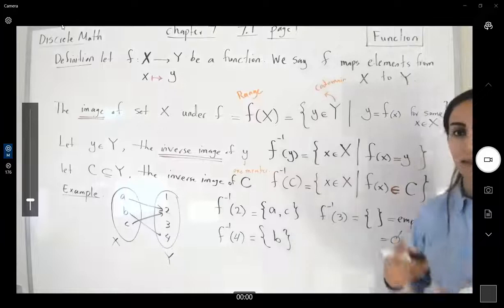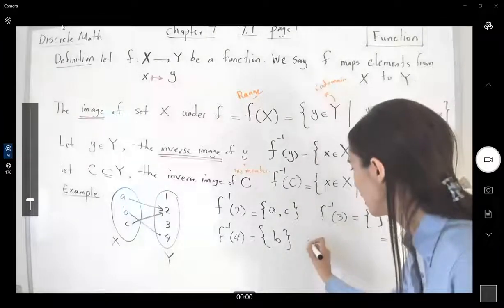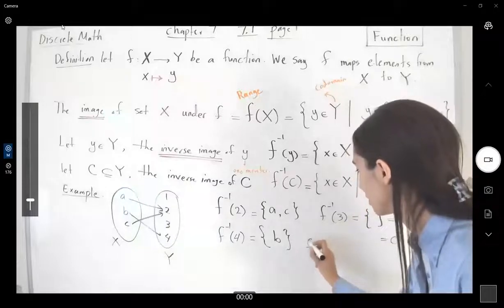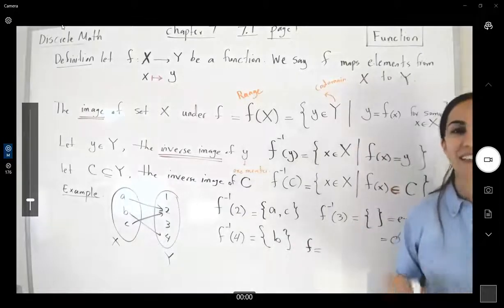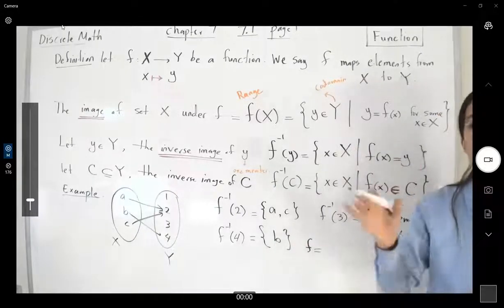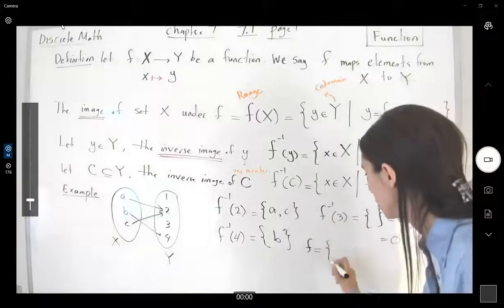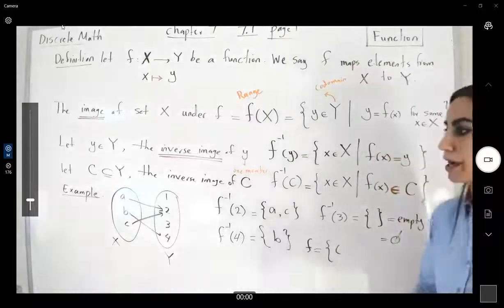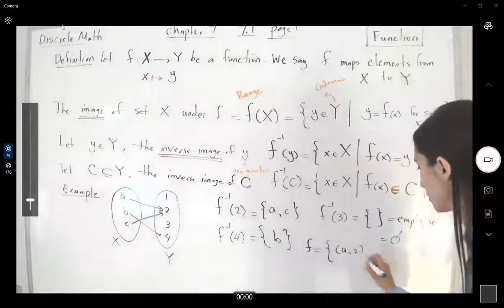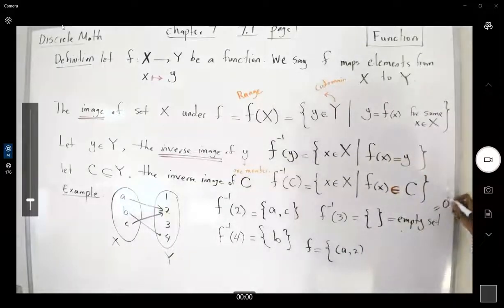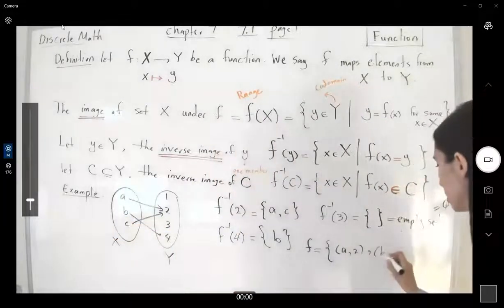So remember that this is a function, and this function F is a collection of ordered pairs that satisfy the vertical line test, or those 2 conditions that we mentioned before. So what do we have here? The very first pair is A, comma 2. The second pair is B, comma 4.